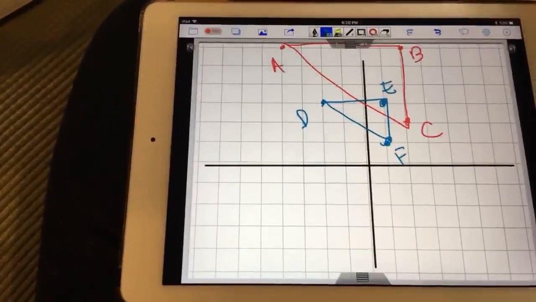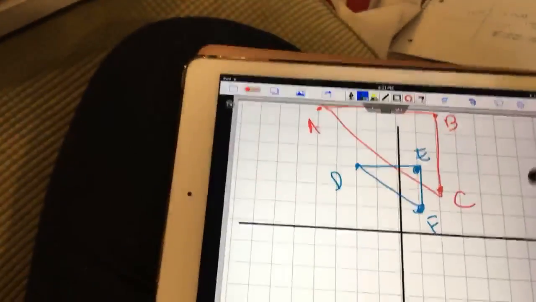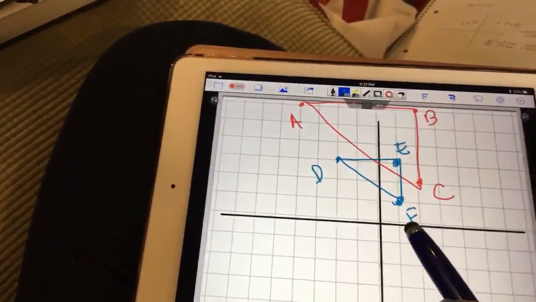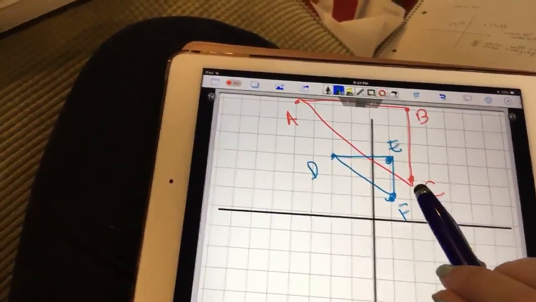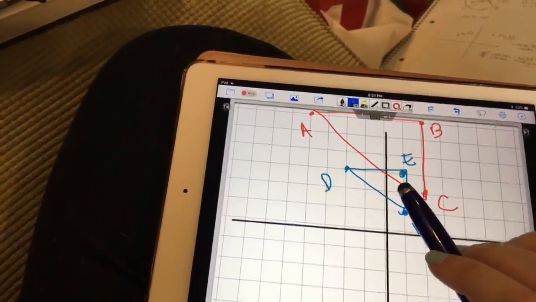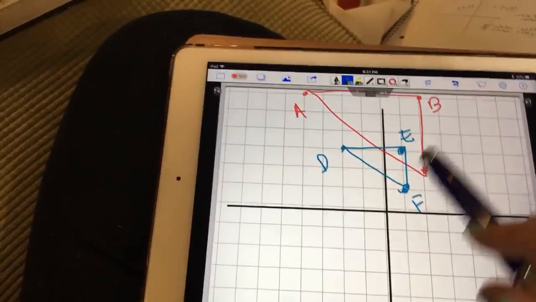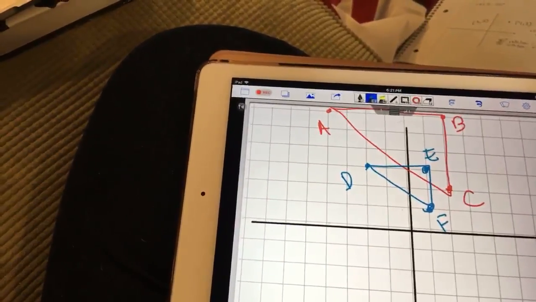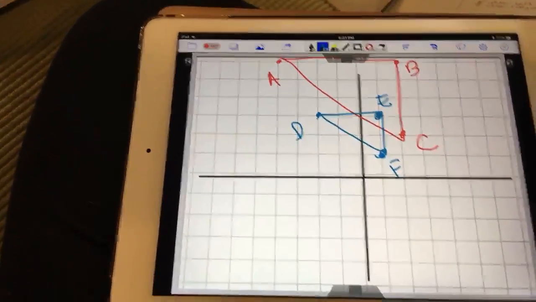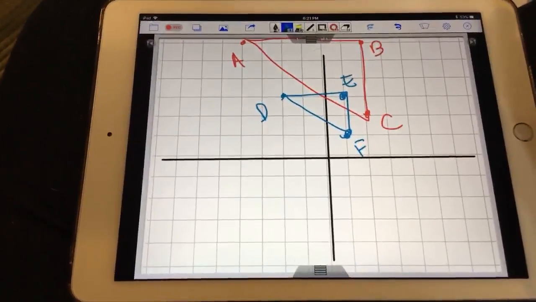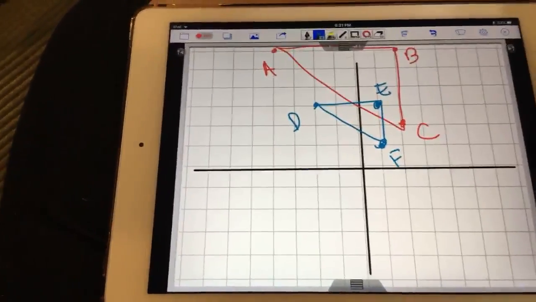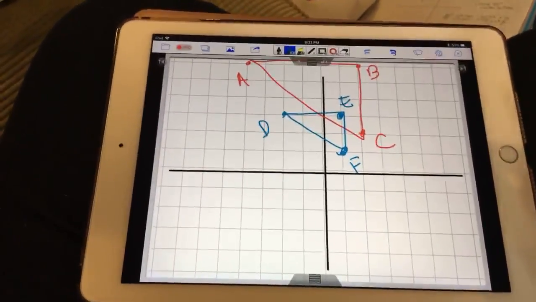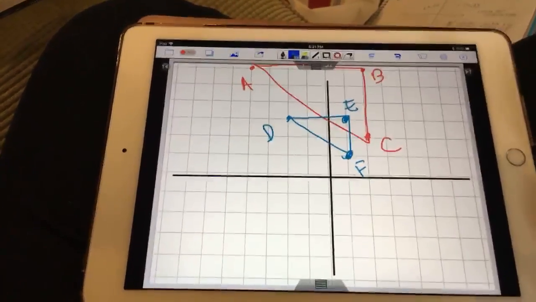So, the first thing that I notice is that if I write down my set of ordered pairs, the X and the Y for F are half of C. The X and the Y for E are half of B. The X and the Y for D are half of A. Do you guys all see that? Anytime there is that obvious relationship, then it's helpful. Then that helps us to figure out both the center of dilation and the scale factor.